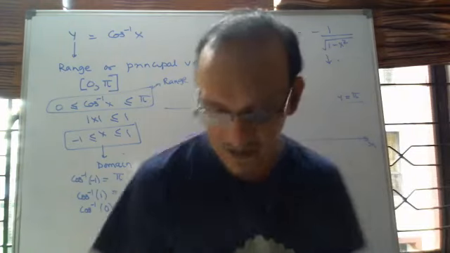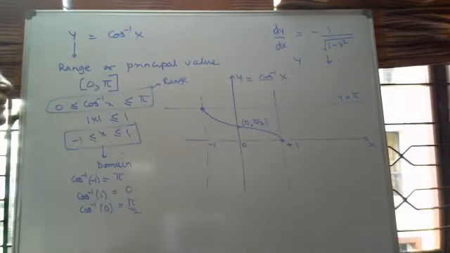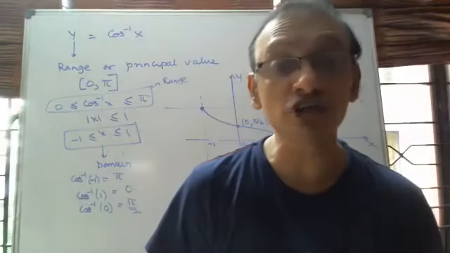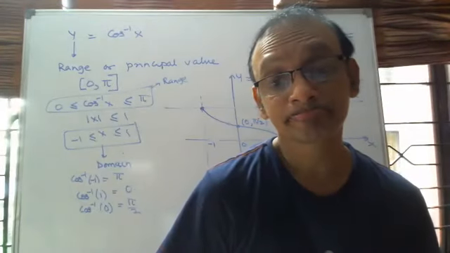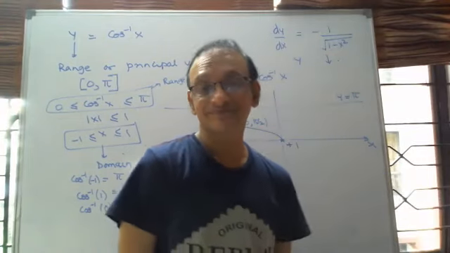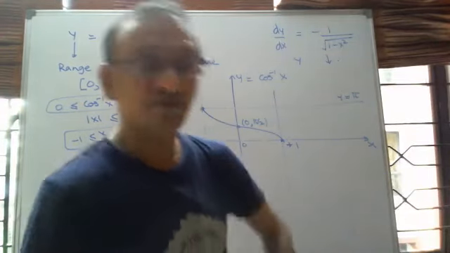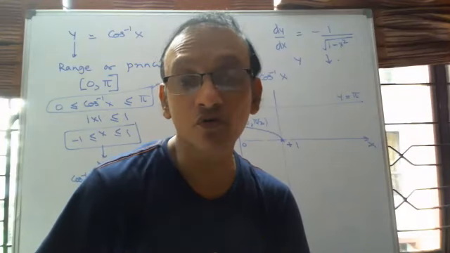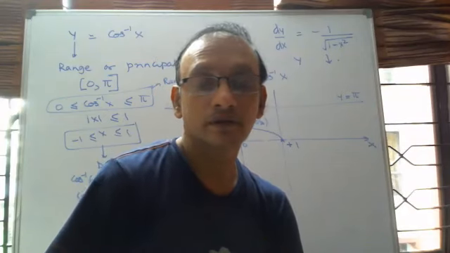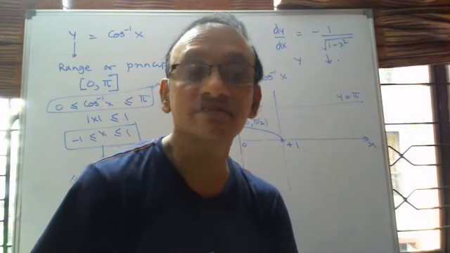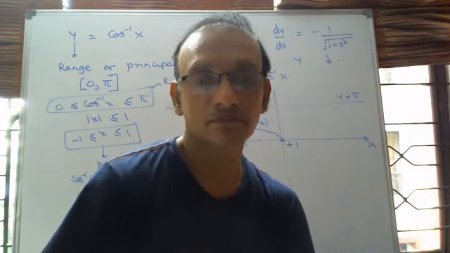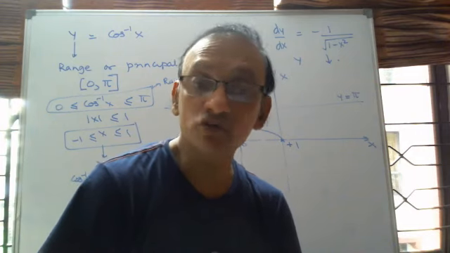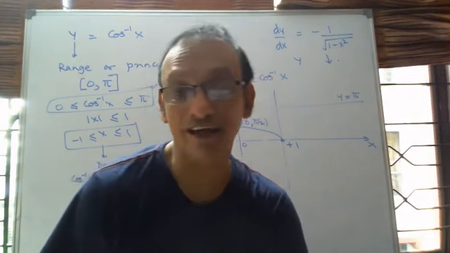Cos inverse x even है कि odd? Even. बेटा even function का कभी inverse हो सकता है? Even function का inverse नहीं हो सकता, because वो many to one हो जाएगा ना.